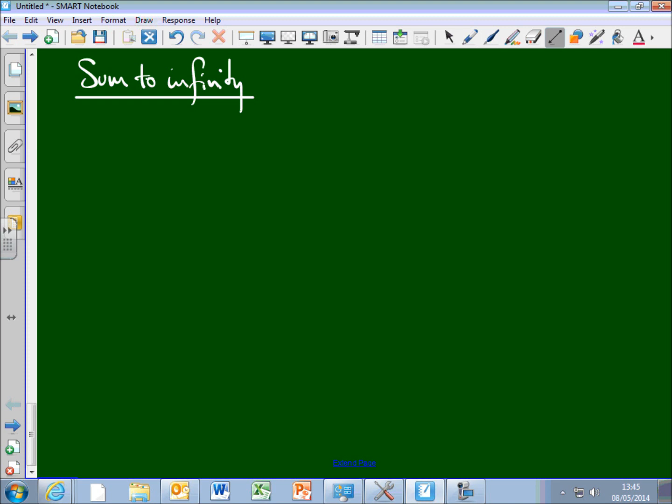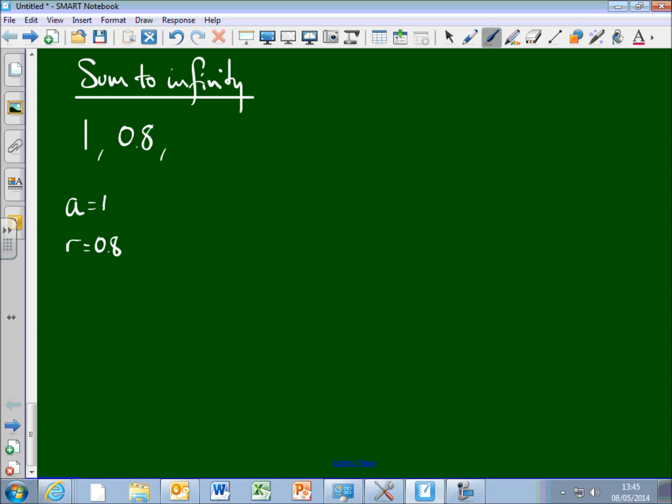something easy. The first term is going to be 1. And then I'm going to times it by 0.8. That's going to be the ratio. So the first term is going to be 1, and the ratio is going to be 0.8. Okay? So the next term is going to be 0.8, because 1 times 0.8 is 0.8.